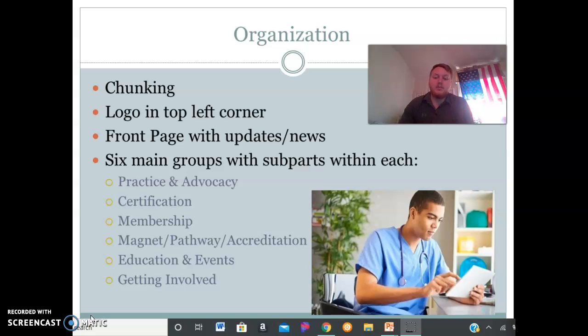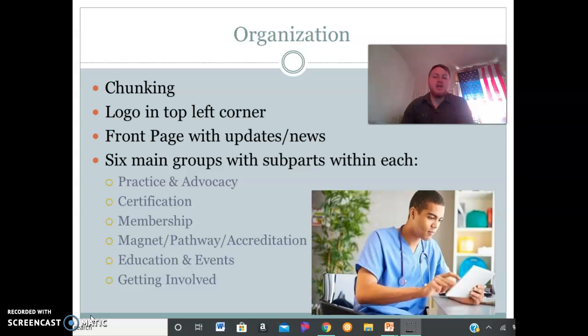Going from left to right, they have practice and advocacy; certifications, for where you want to get certified in a more specialized field like critical care, emergency, geriatrics; membership, for multiple different ways you can join and be an active part of the community; magnet, pathway, and accreditation, which is mainly for whatever hospital you're working at, so people know what is required to be magnet and what makes them accredited for that magnet status.